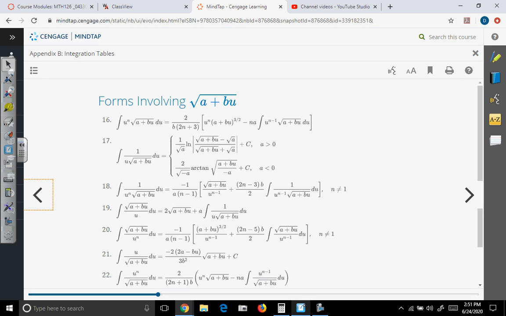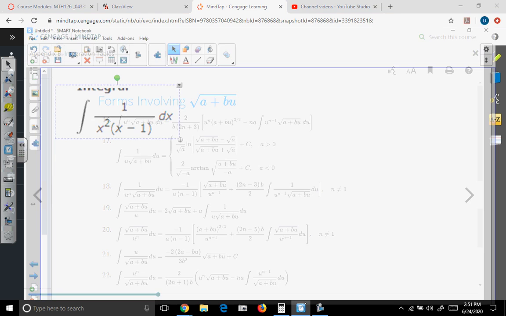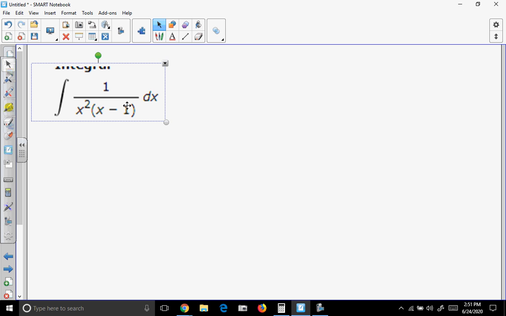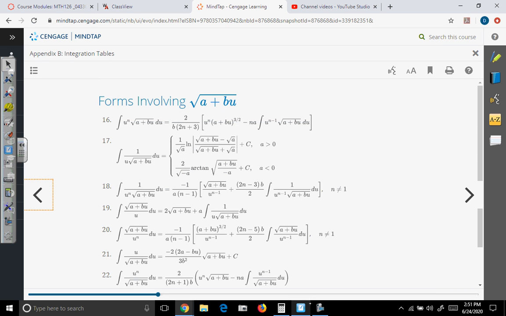But what about this? We have a u to the first and then a constant. If u is x, notice this one has u to a power out front. So let's see if we can make it fit 18.